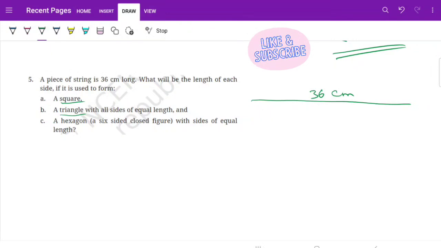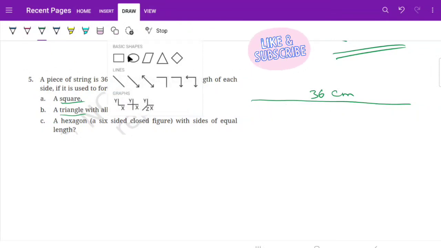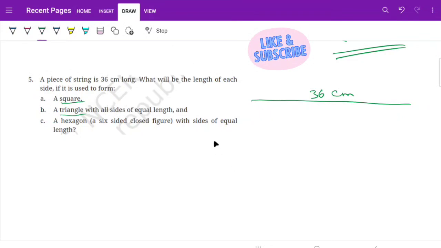So we have different shapes here. If this string of 36 centimeter is converted to a square, we need to find the side. Now, solution for A bit we will write.